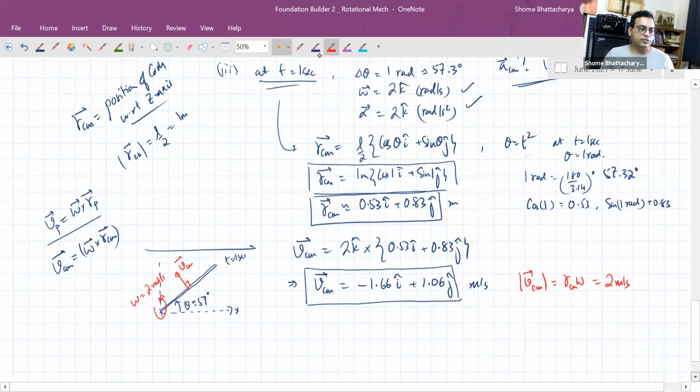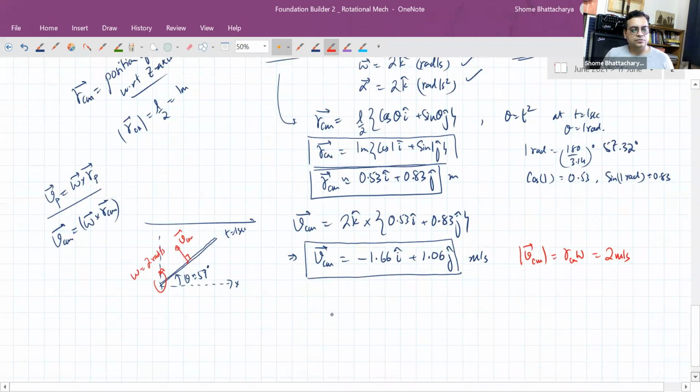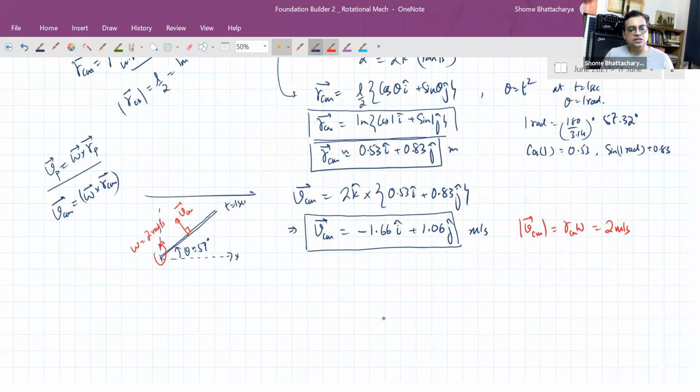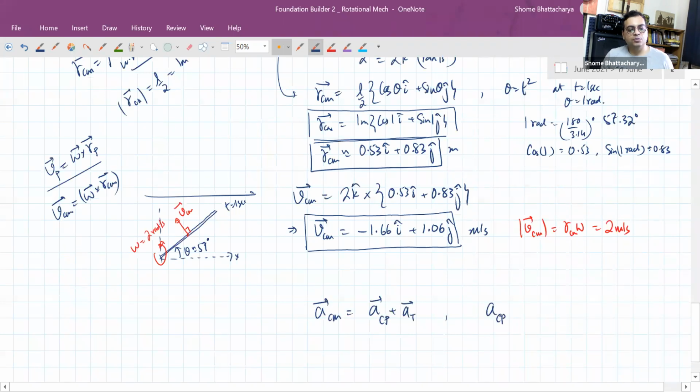Now, similarly, to find the acceleration of the center of mass, it will be the sum of the centripetal component plus the tangential component. The centripetal component is what we can also write as omega cross v, and the tangential component is r alpha theta cap, which we can also write as alpha cross r.